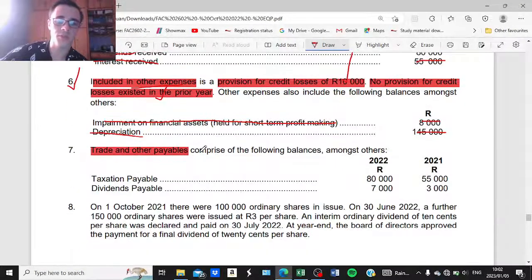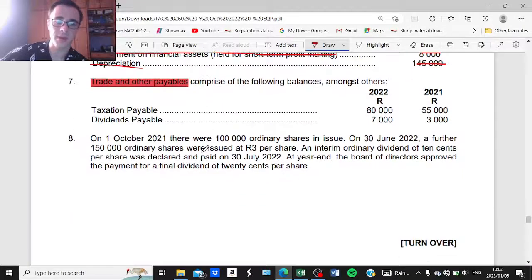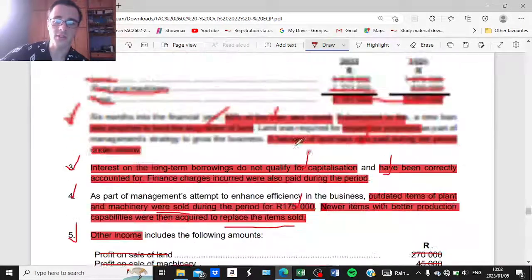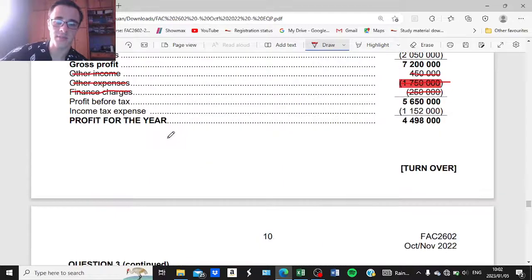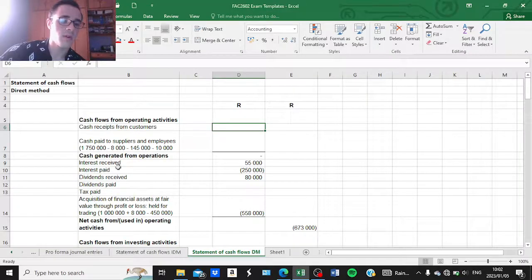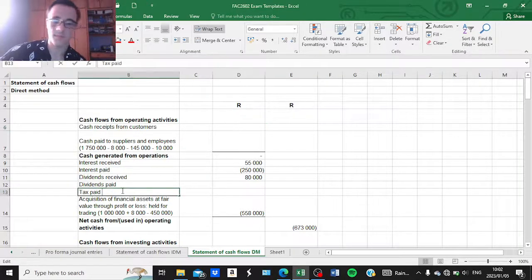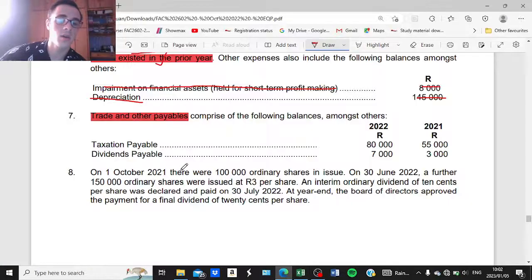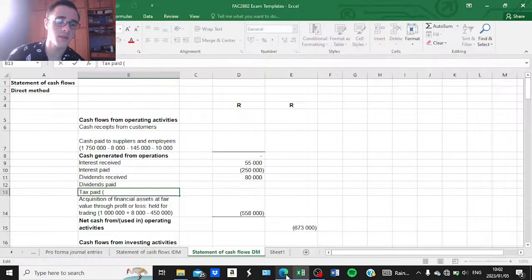Now we can move to the additional information point 7, which says the following. Trade and other payables, as disclosed under current liabilities, comprises of the following balances amongst others. So let's first deal with taxation payable. How do we calculate the amount paid for tax? We will take the opening balance payable, which is 55,000.